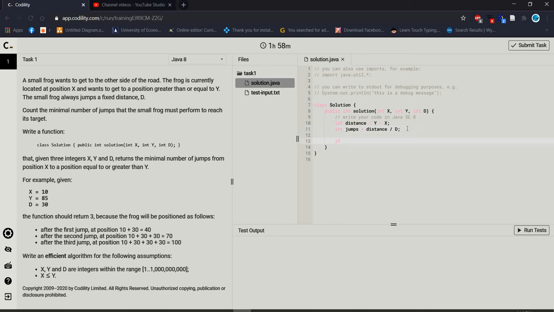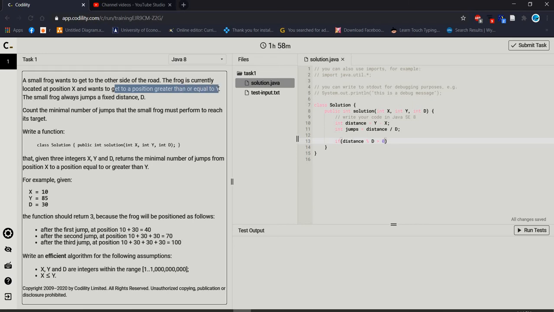After that I am checking distance modulo D, because as you remember, it's specifically written here: count the minimum number of jumps that the small frog must perform to reach its target, at a position greater than or equal to Y. So you see, our destination is 85 kilometers, but it should jump 100 kilometers. It could be a fractional number, no, it will not be a fraction, but it needs one more jump.